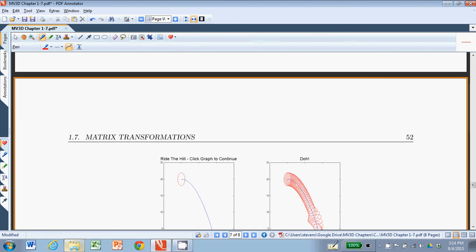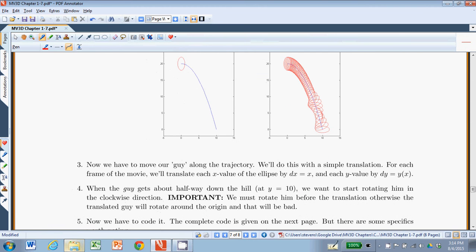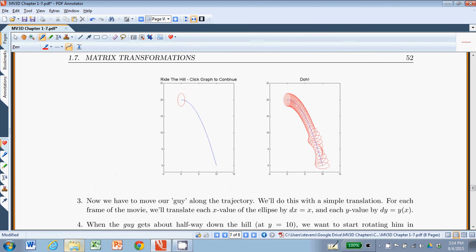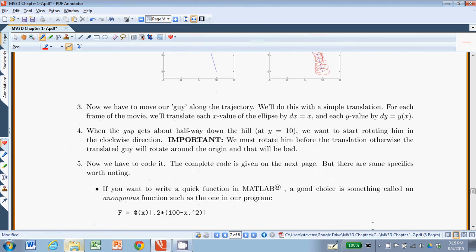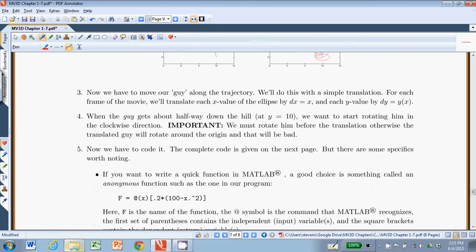Okay, so first thing we'll do is we'll create a function. We have our function capital F, and this is what defines the hill. And so I'll put in a dx value into my anonymous function, and that'll produce dy, which is just my position.